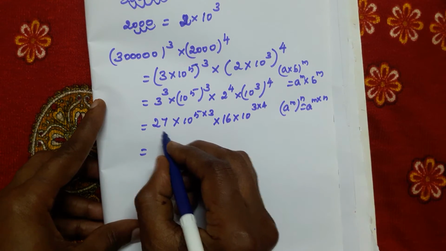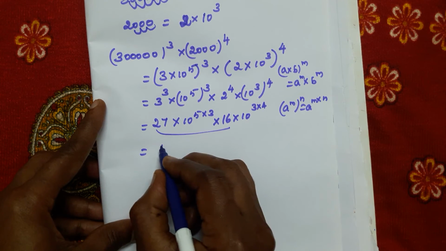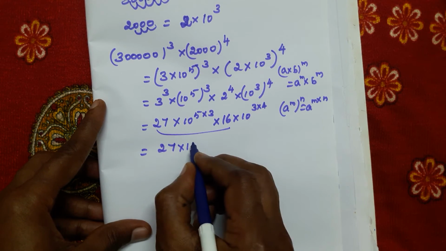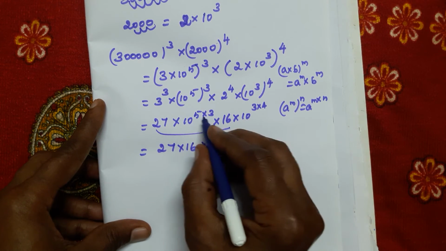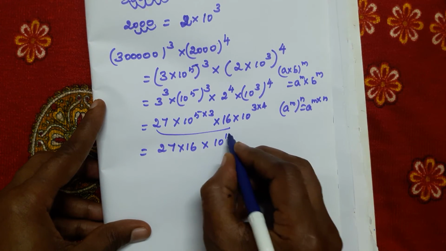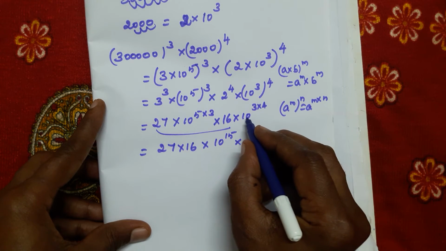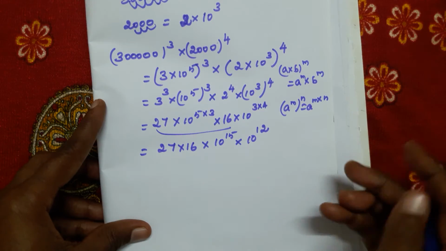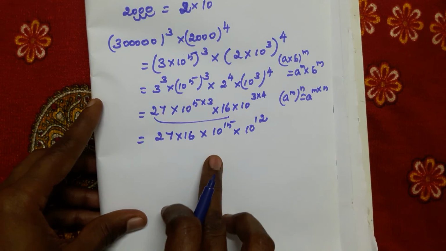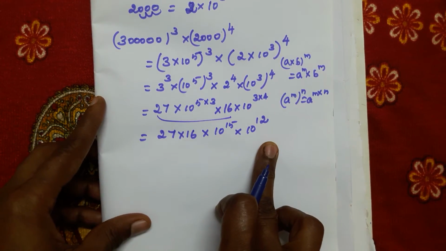Now we can write this number together: 27 into 16 into 10 power 15 (5 3s are 15) into 10 power 12 (3 4s are 12). Can you understand this? Okay, 10 power 15 into 10 power 12.